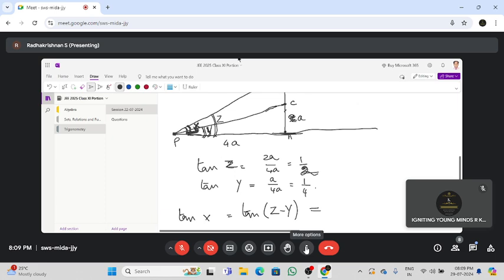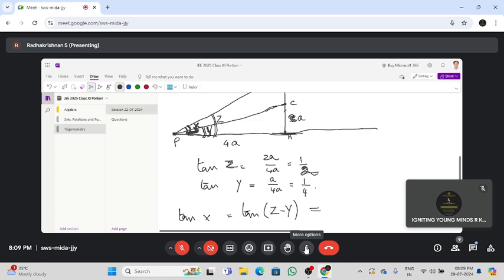Right, one at a time. Let Ajay finish, and then Varshini you can say. Ajay, what is tan Z minus Y? So 1 by 4, sir. No, what is the formula for tan Z minus Y? Tan Z minus Y is not equal to tan Z minus tan Y. You have done tan Z minus tan Y, right? Yes, sir.